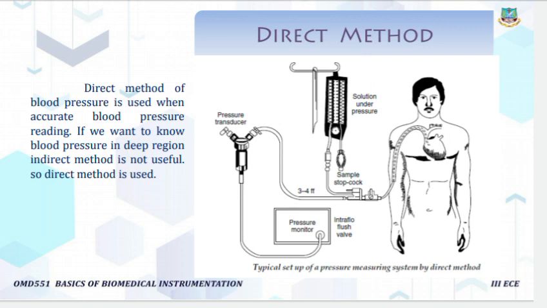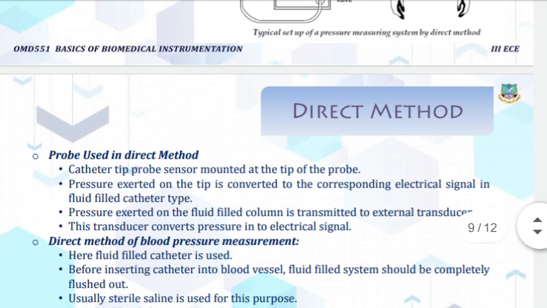The change in pressure is given to the amplifier circuit. Then there will be two displays, the systole display as well as the diastole display.